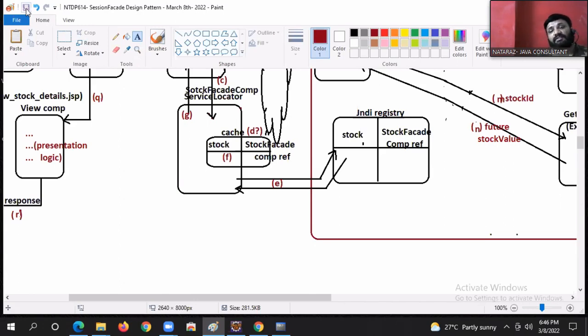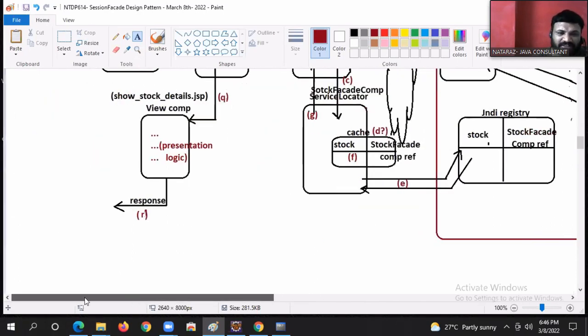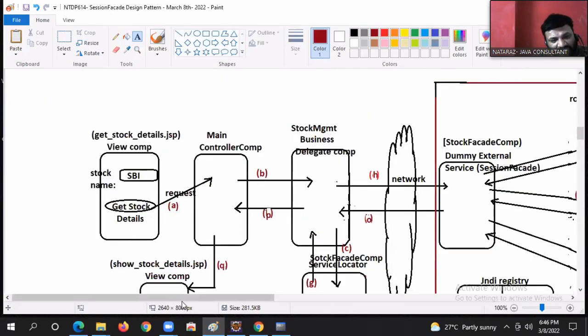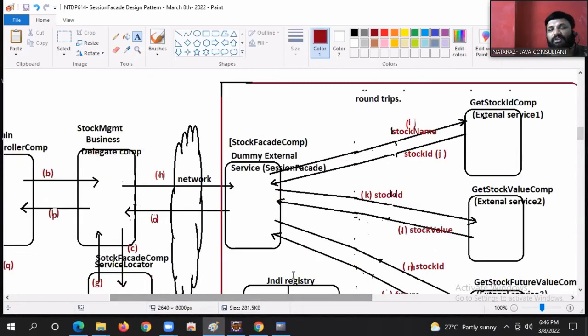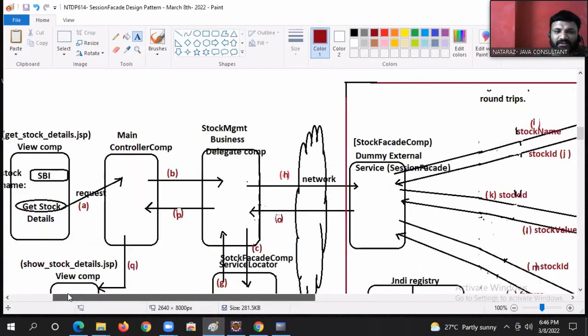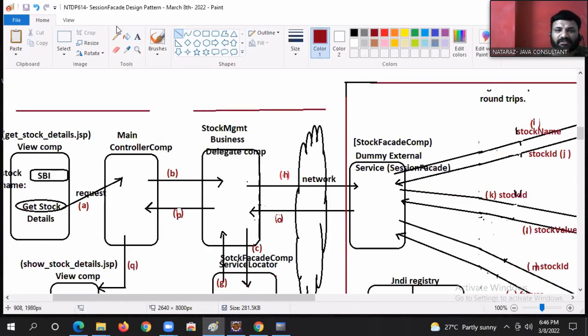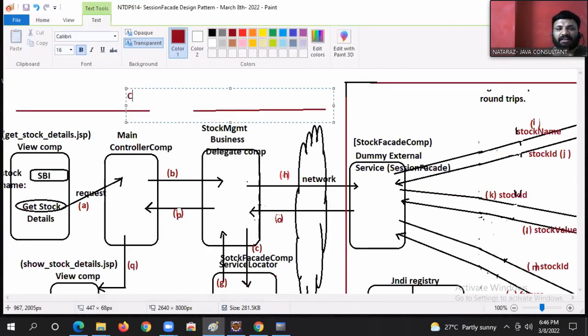This is nothing but what, guys? An example application on service locator and SessionFacade together. I think you thoroughly understood, guys. This is the client application side, like sharecon.com.